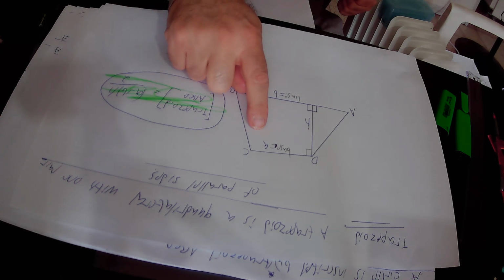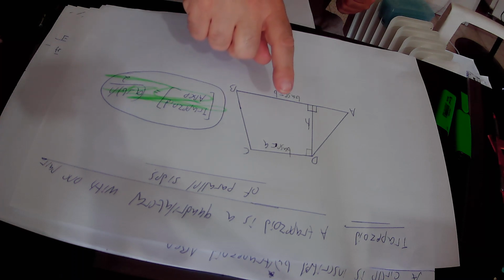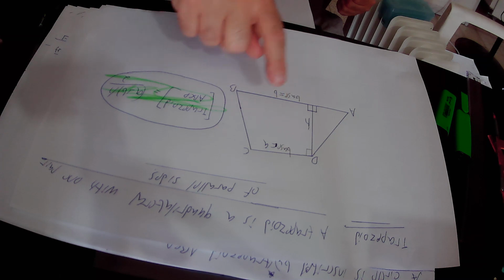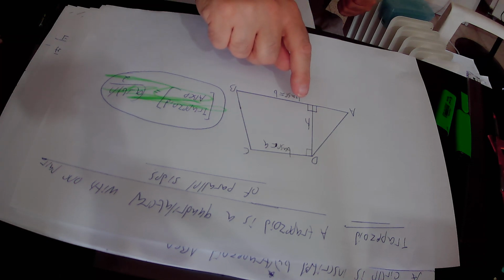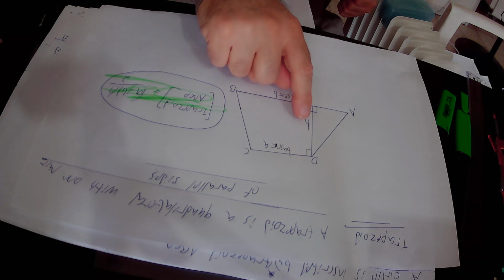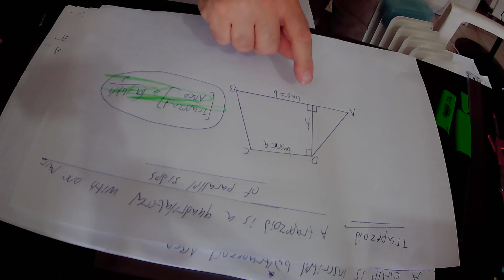But DC is a according to our definition, AB is b according to our definition, and therefore the area of this trapezoid ABCD equals the sum of its bases, that is DC plus AB, which is a plus b, times the height. The height must create 90 degrees with the base, so here h creates 90 degrees with the two bases, over 2. Again, the area of this trapezoid ABCD equals the sum of its bases, a plus b, times the height h, over 2.